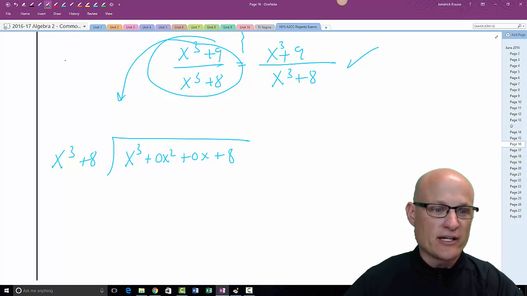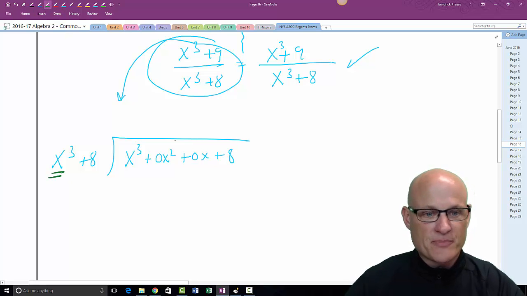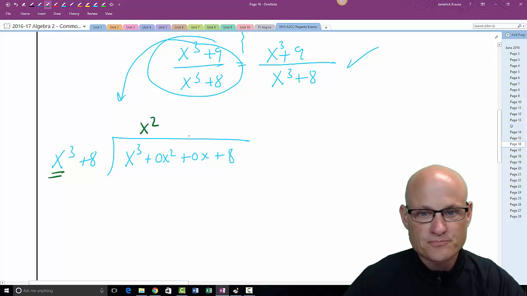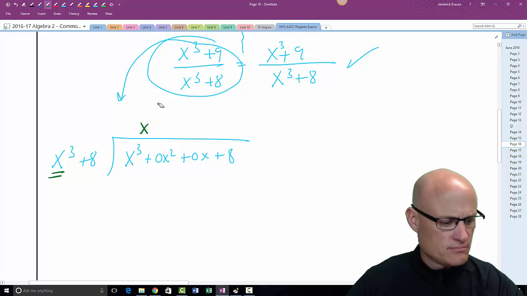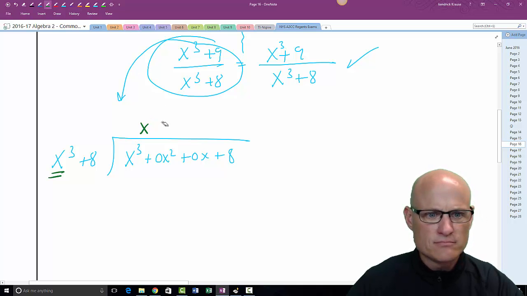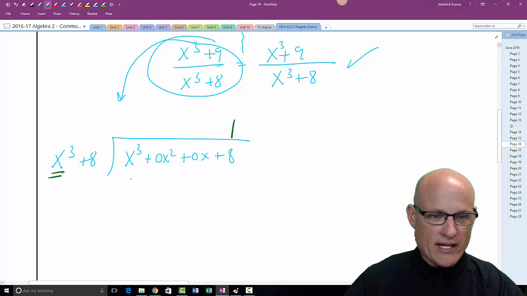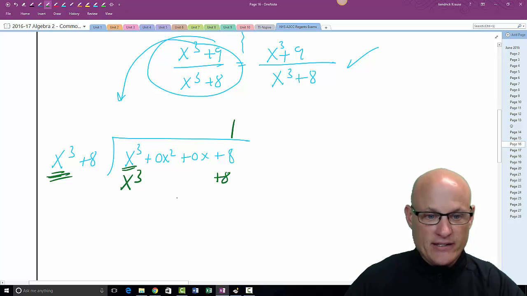And said to yourself, okay, what do I got to multiply by? X squared. Nope, x. Oh, wait a second. X cubed plus 8, I just multiply by 1. 1 times that is x cubed, because it's already x cubed here, and I already got an x cubed here, so it's just 1.